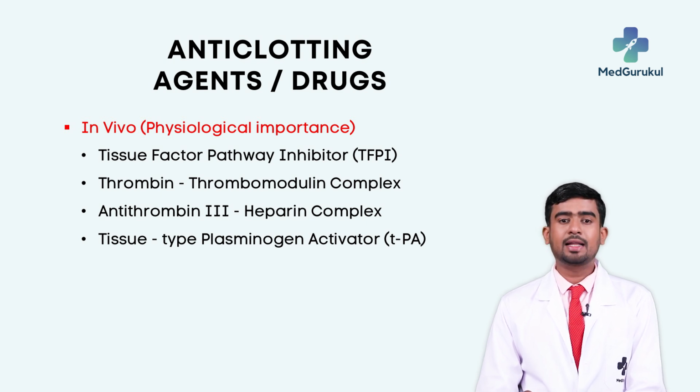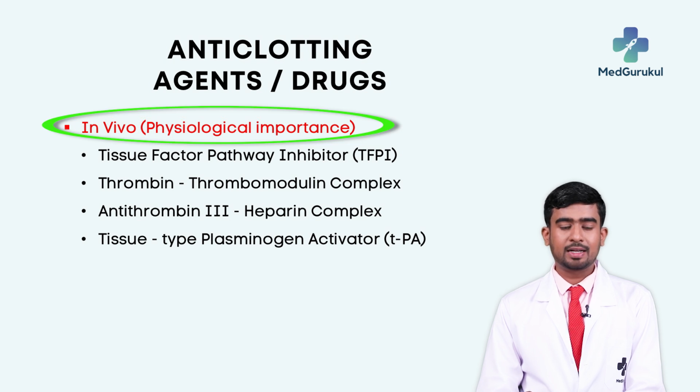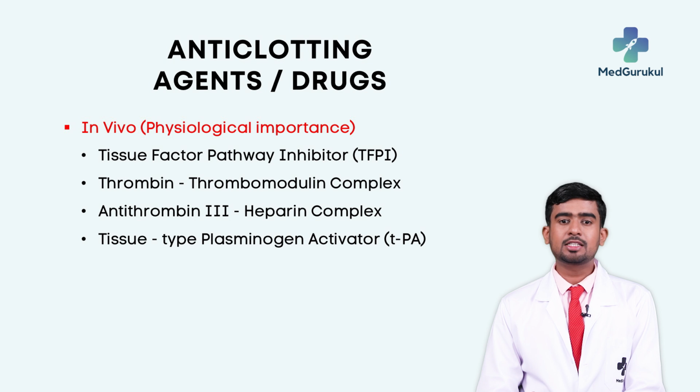Coming to the anticoagulant agents in vivo, that is present within the body, which is of physiological importance, that is to prevent the clotting of blood within the body, to maintain the fluidity of blood when it is present in the blood vessel.